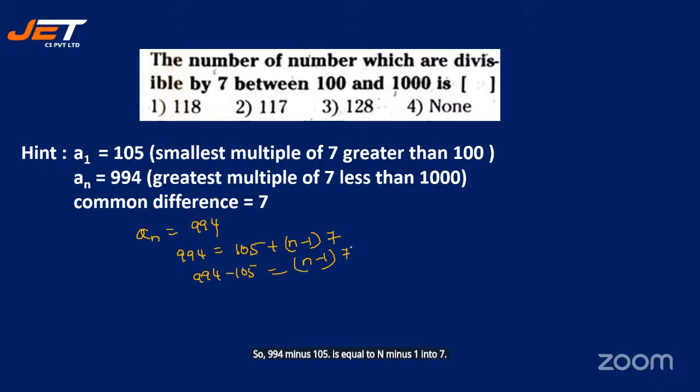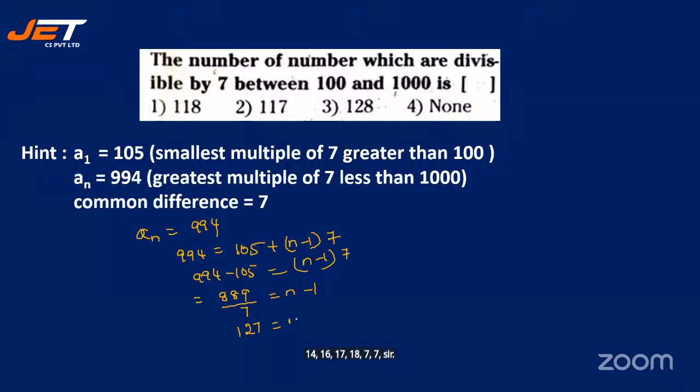So what is 994 minus 105? It would be 889. So 889 by 7 is equal to N minus 1. So what is 889 by 7? 7 ones are 7, 7 twos are 14, and so on. 7 sevens are 49.